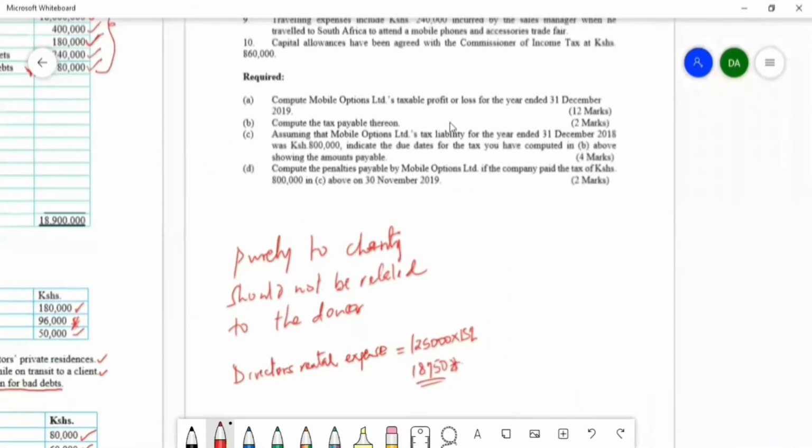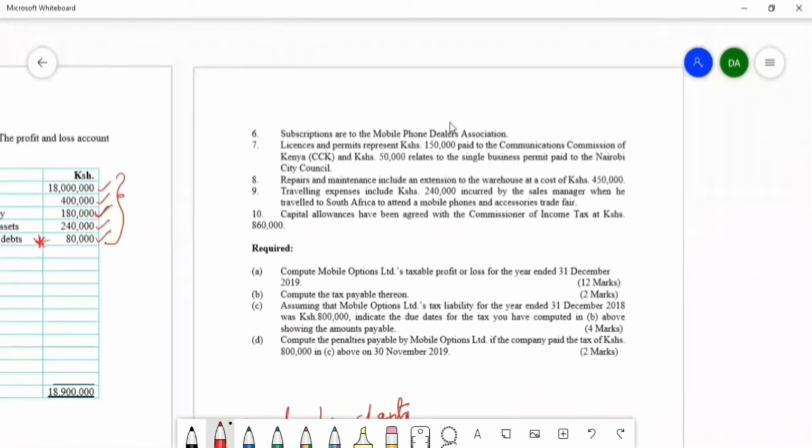The next one is additional information number 6. Number 6 is talking about subscriptions to mobile dealers association. This is an allowable expense. We talked about subscriptions to trade associations, which are allowable expenses.